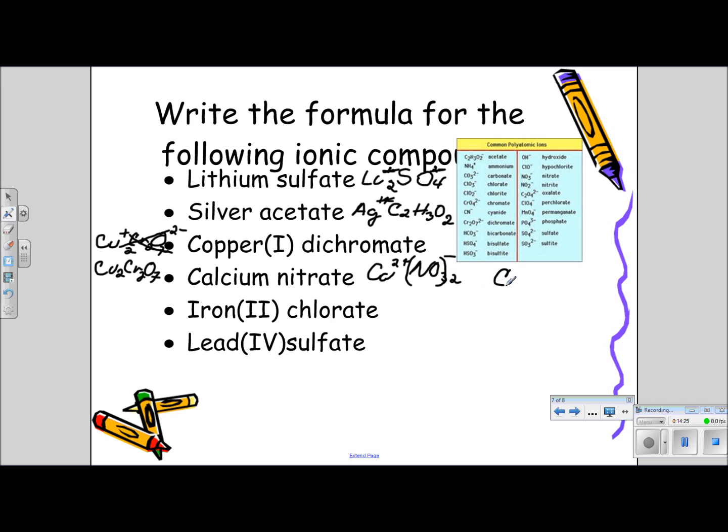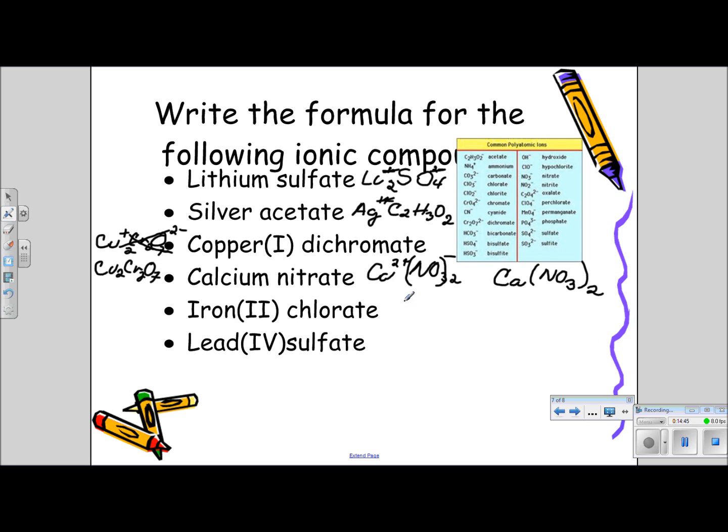So the final answer is Ca parentheses NO3 taken twice. And we read that Ca NO3 taken twice. That is the final answer for that one.